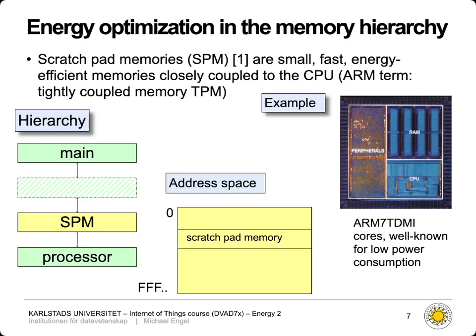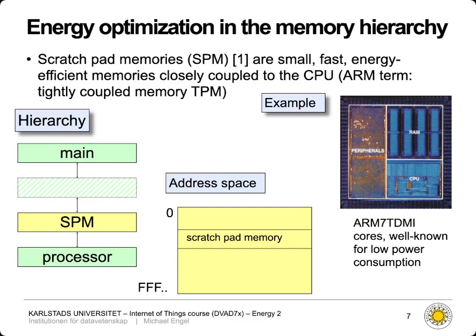So we already looked at compiler optimizations. Compiler optimizations are also closely related to this second technology to reduce the energy consumption. And this is by using the memory hierarchy and especially a special part of the memory hierarchy, which is usually present in microcontrollers. This technology is called a scratchpad memory.